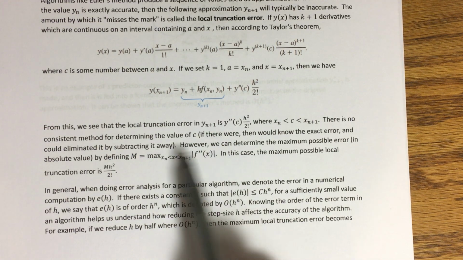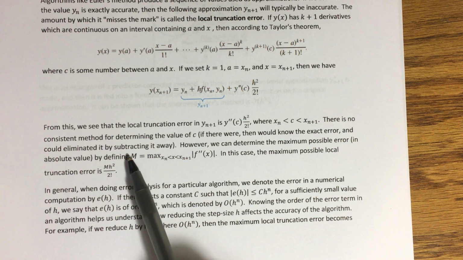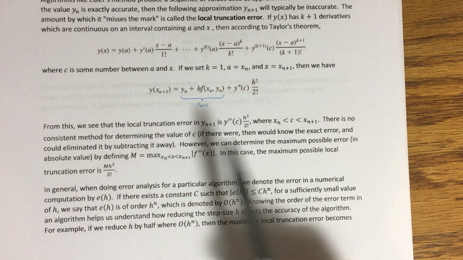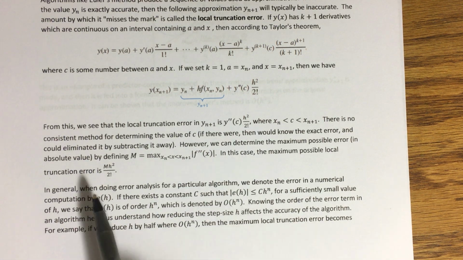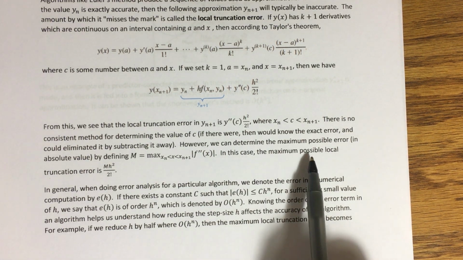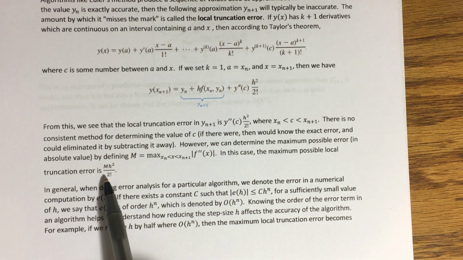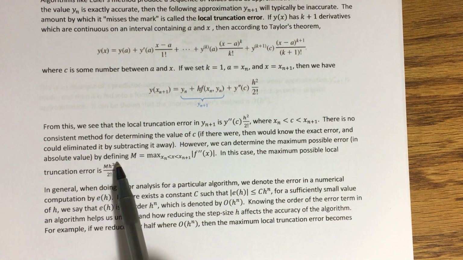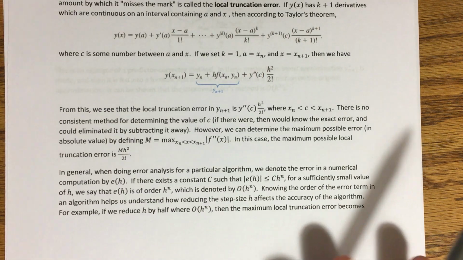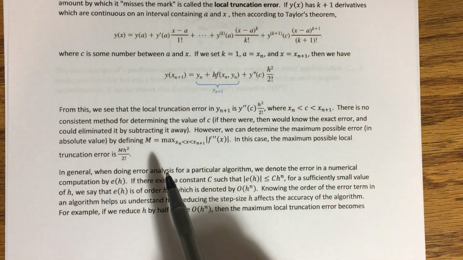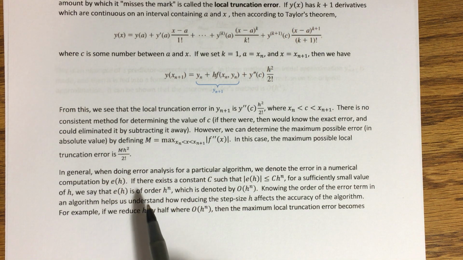So if we call that maximum number, whatever it is, capital M, then I can substitute an M in here to get the maximum error, so that the maximum possible local truncation error for Euler's method is M times h squared over 2 factorial.